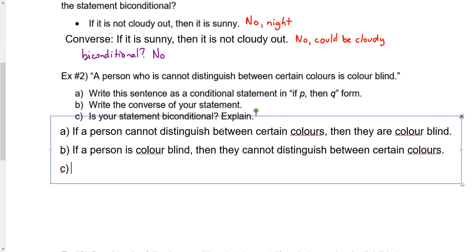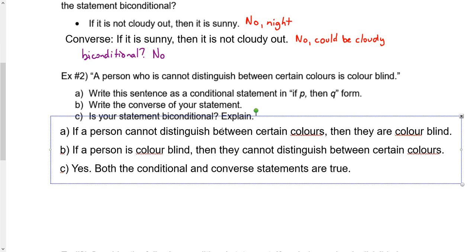Is the statement biconditional? Well, the answer is yes. Both the conditional and converse statements are true. It's the actual definition, and usually you only have biconditional statements if it is the actual definition.